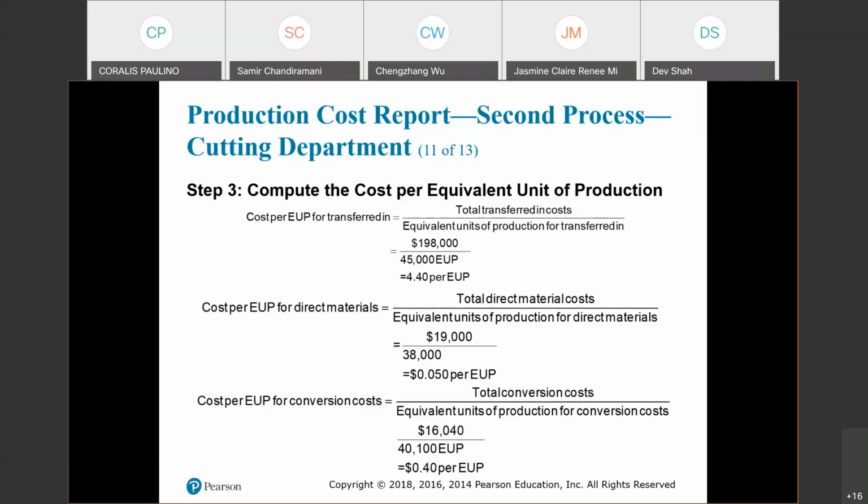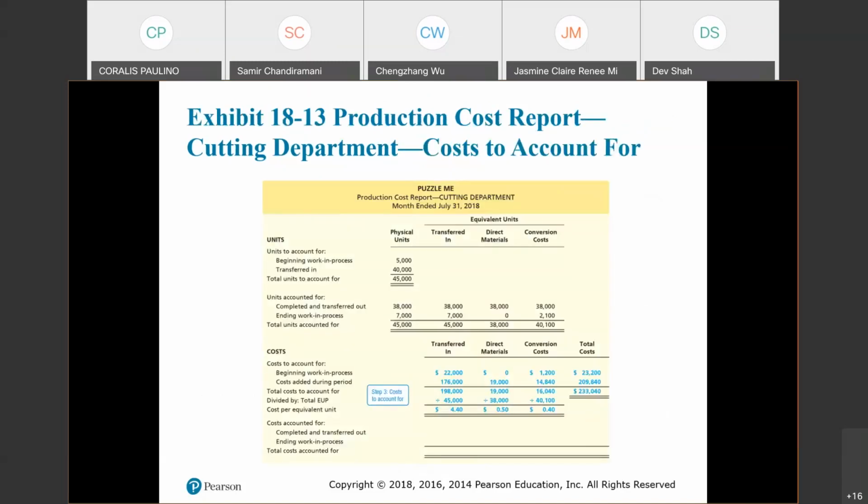This is step 3. So the part marked in blue is what you can expect in step 3 to prepare the production cost report.